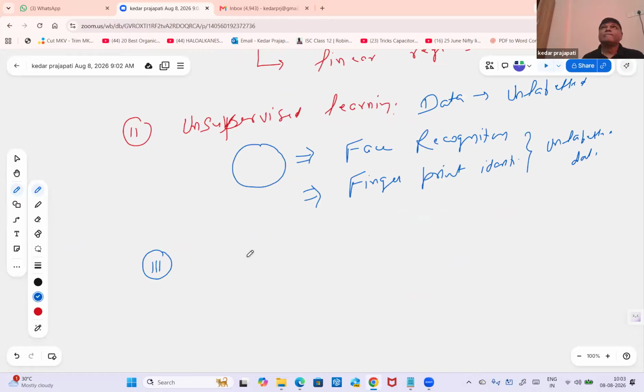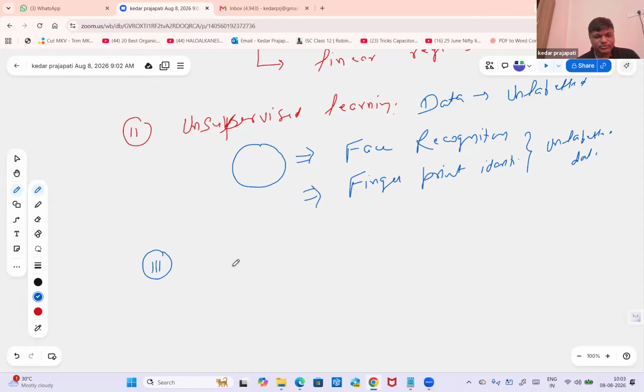It is mostly used in things like self-driving cars. If it is driving well, we give it a reward. If it is not working properly, we give it punishment. That is known as, let me see the name.